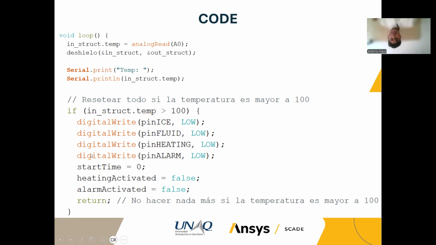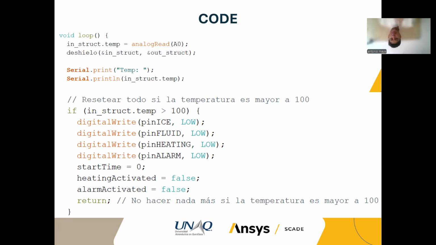And this is the cheating part, because we're starting a time flag. This timer is going to count from the moment that the code indicates there is no ice. It is going to say, okay, right now there is no ice. And if at one moment we have ice again, we're going to turn this flag again, and we're going to count the time that is passing as the system reads presence of ice.